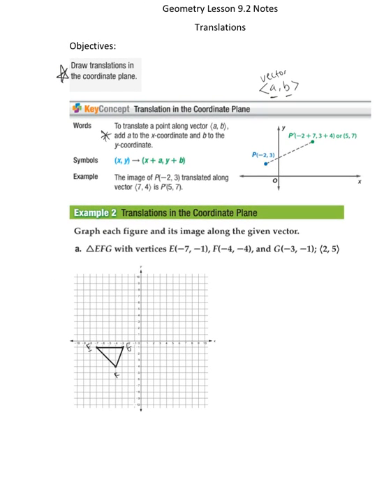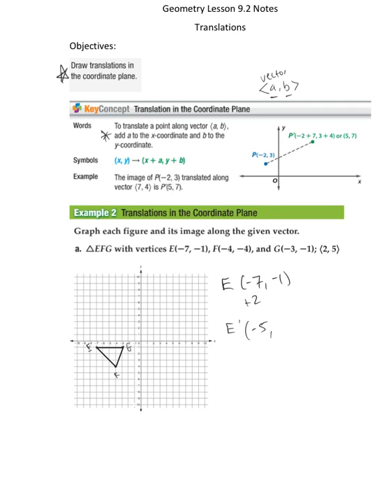So we're going to take each point and add the first value of the vector, 2, to the x coordinate. So the new point E prime will be, well, what's -7 plus 2? That's -5.